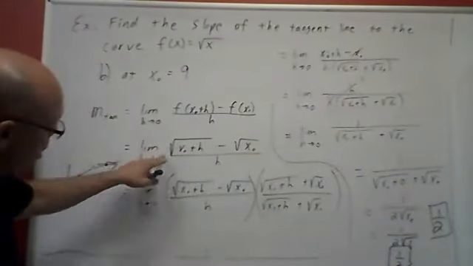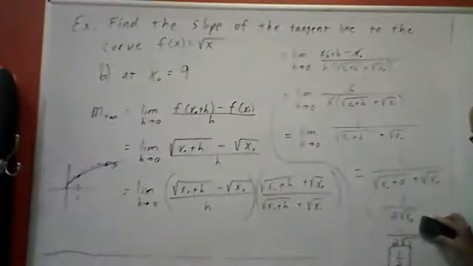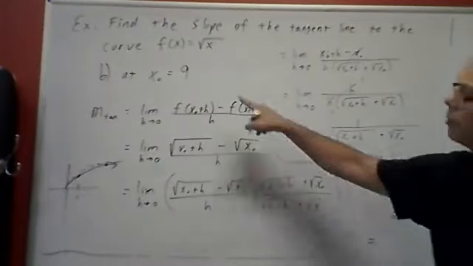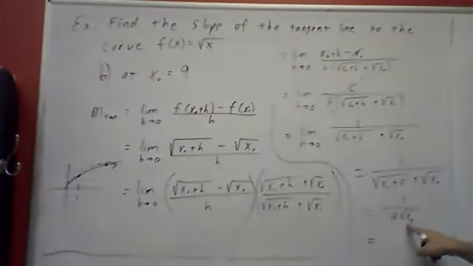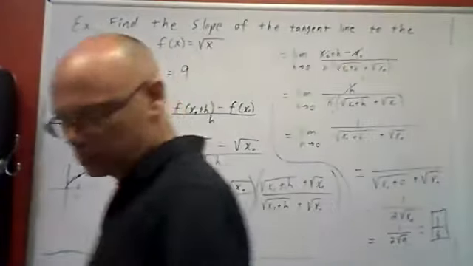I already did all the work up to this part right here. So I'm going to say this is the slope of the tangent lines at all points of that curve. I want the particular point 9, so I'm going to sub it in here. So I have 1 over 2 times the square root of 9. So what does that give me? 1 over 6.